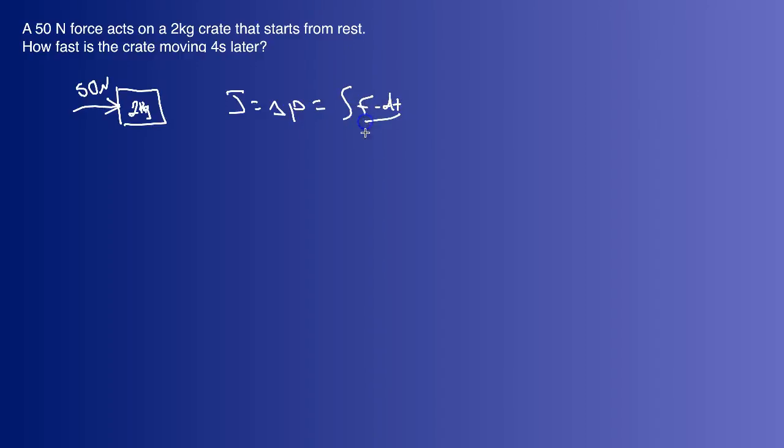First, it's a constant force, so we integrate from 0 to 4 seconds the force of 50 newtons with respect to time dt. That gives us 50t, and then we evaluate from 0 to 4 seconds, and that gives us 200 Newton seconds, which is our change in momentum.